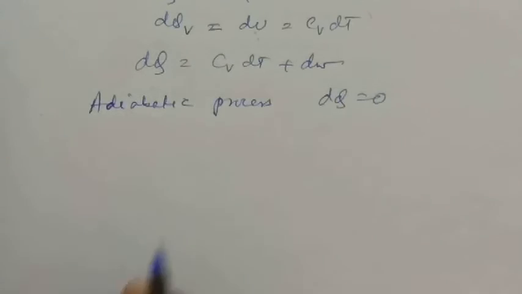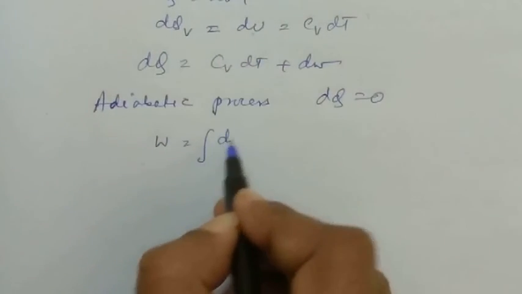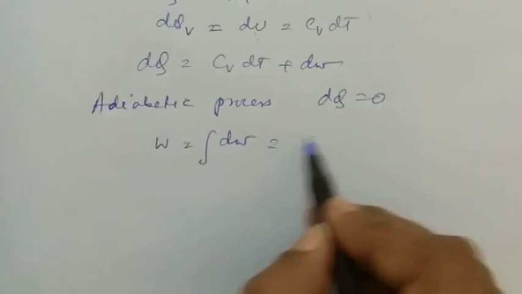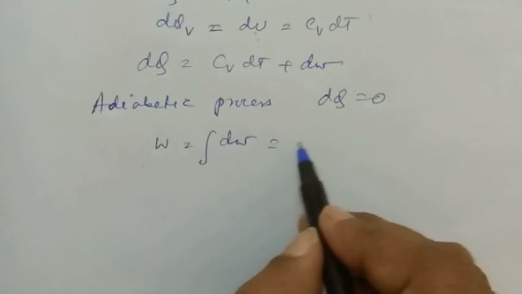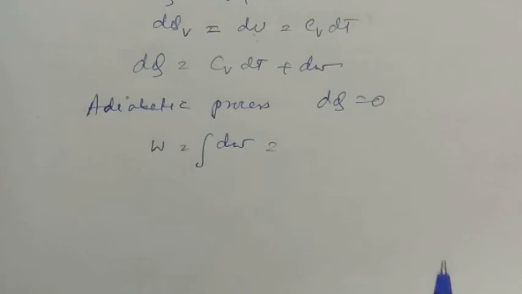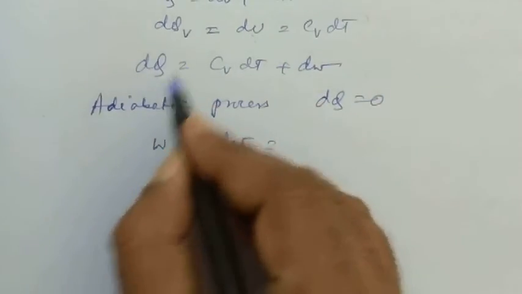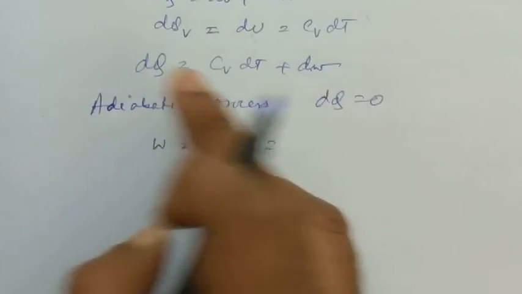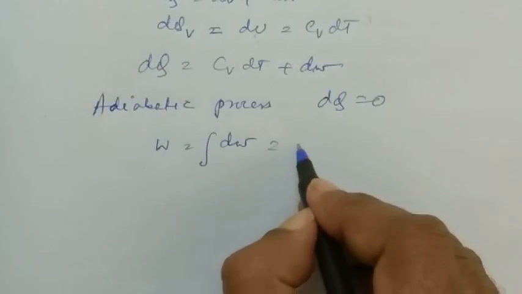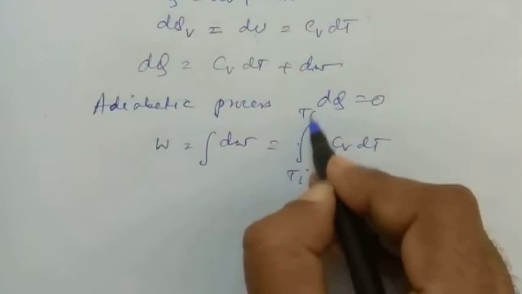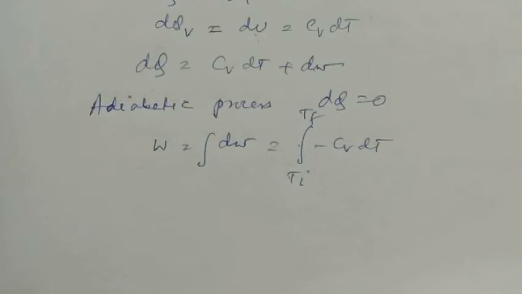So here we can write w is equal to the integration of dw. Since dq is equal to 0, dw becomes minus Cv dT, integrated from Ti to Tf.